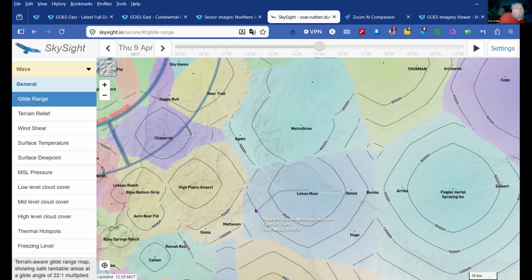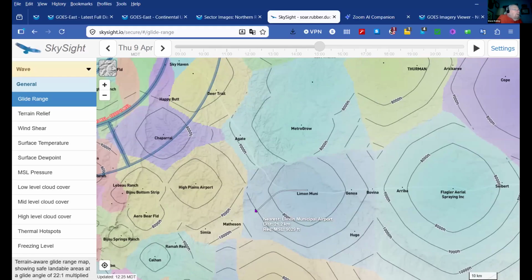This is basically a terrain-aware glide range map. These areas that you see, most of these I've marked, are either landing points or waypoints, showing safe landable area.